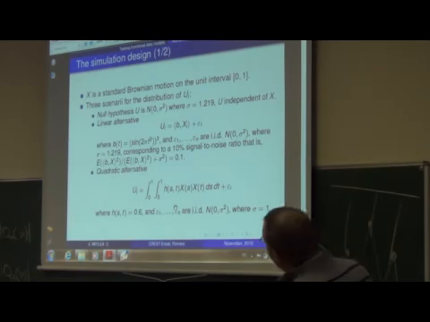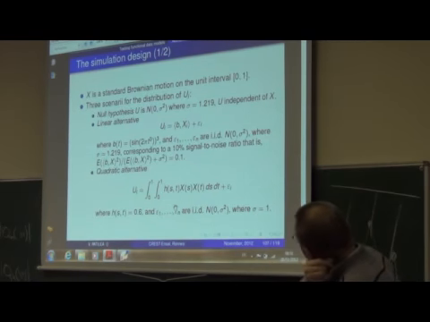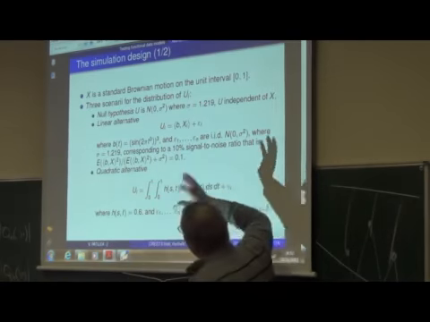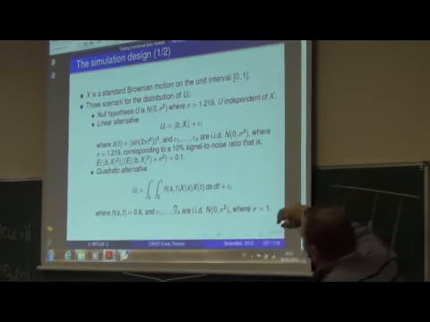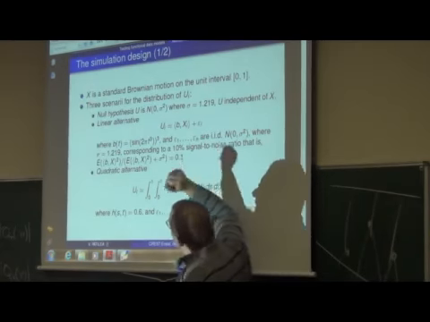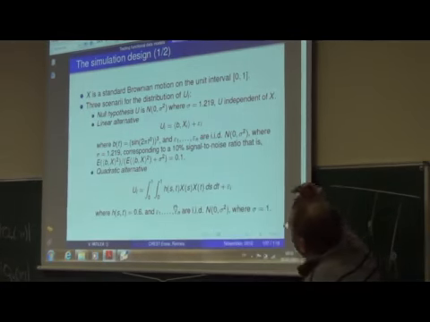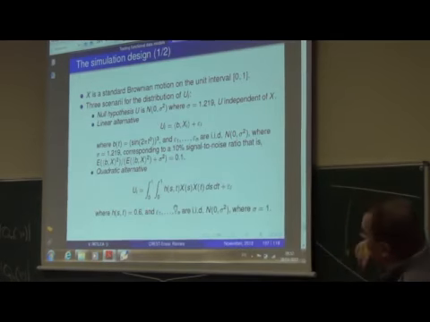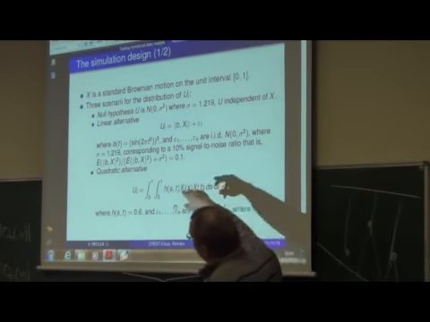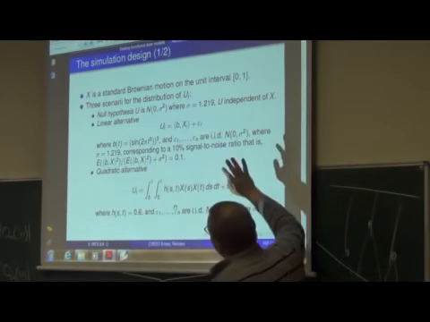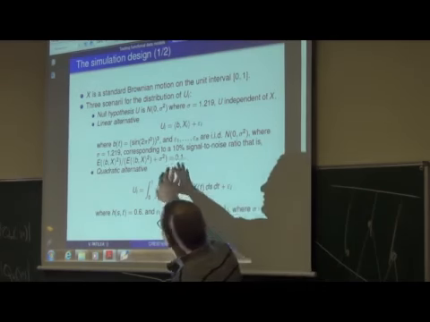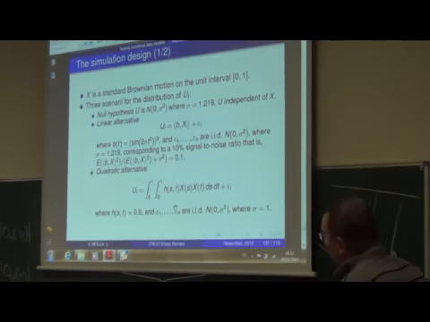He considered x to be a Brownian motion on the unit interval, and u was either Gaussian, so no influence of the x, or something alternative, a linear dependence, with b the coefficient that you see here, and epsilons are normal 0 sigma squared, with sigma 1.219. Why all this? To follow simulations done in the literature and to be in exactly the same type of framework. For instance, here to have a signal-to-noise ratio that is 0.1.